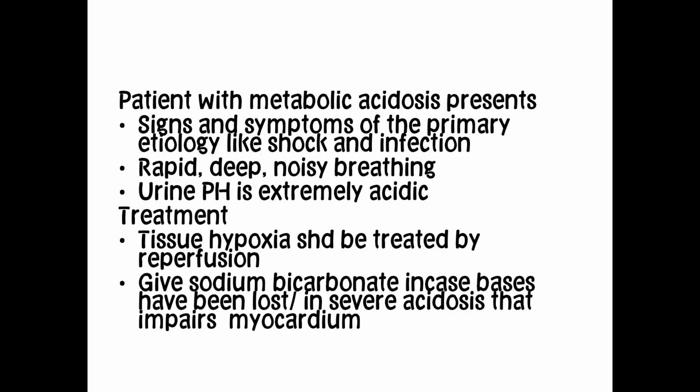In addition to that, they may present with rapid deep noisy breathing, and their urine pH is extremely acidic. Treatment of metabolic acidosis is through reperfusion, that is through administration of IV fluids to treat the tissue hypoxia. You give oxygen, and in addition to that, you may give sodium bicarbonate in cases where excessive bases have been lost.